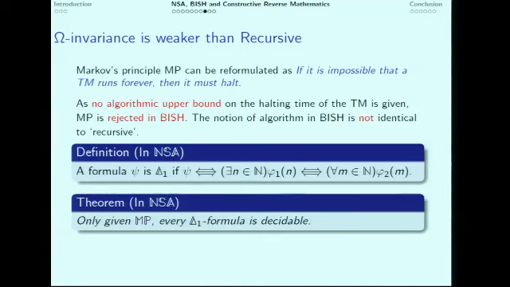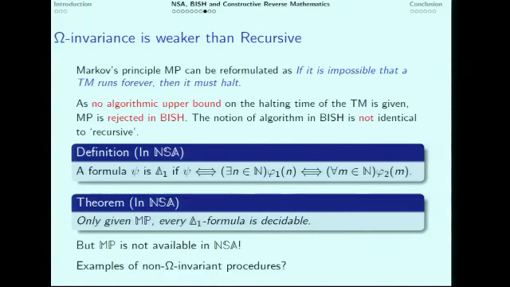And if you want to decide a Delta 0 1 formula, you will need Markov's principle, just as in recursive mathematics, by the way. So this is a first example of something non-omega invariant. Lots of stuff can happen if you don't have Markov's principle.